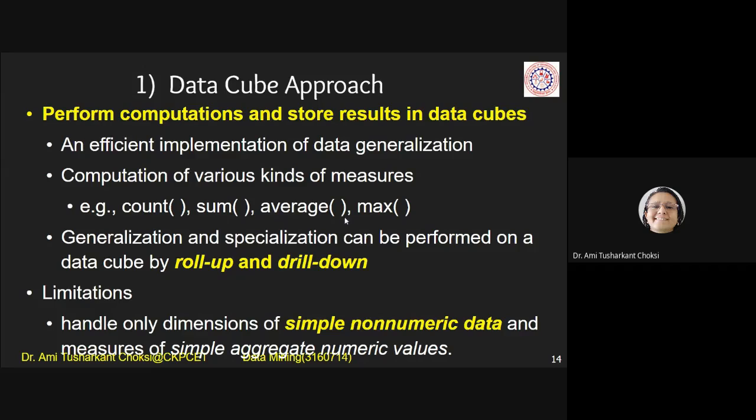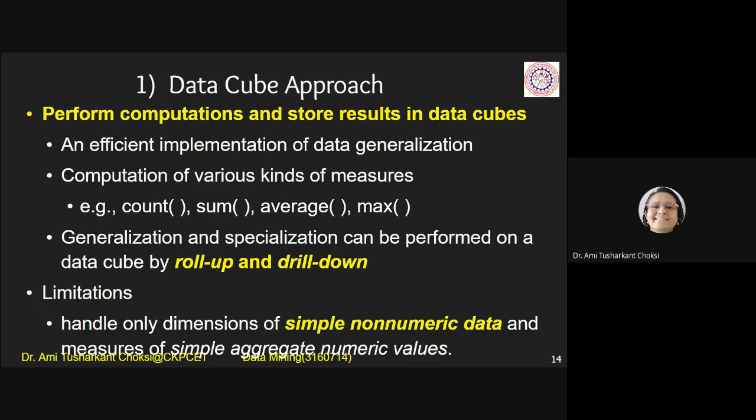If I want to find what is the average result of your class, let us take the average of the percentage you are having in my subject. So I can have the idea that this is the average percentage of your class. Maximum: if you want to get the max marks in this particular subject, you can use this one.